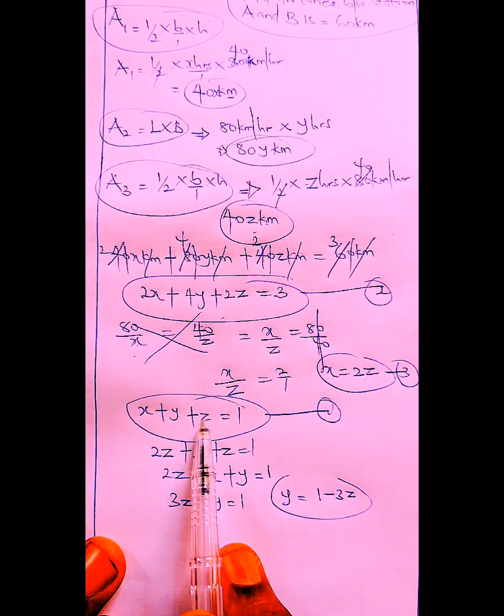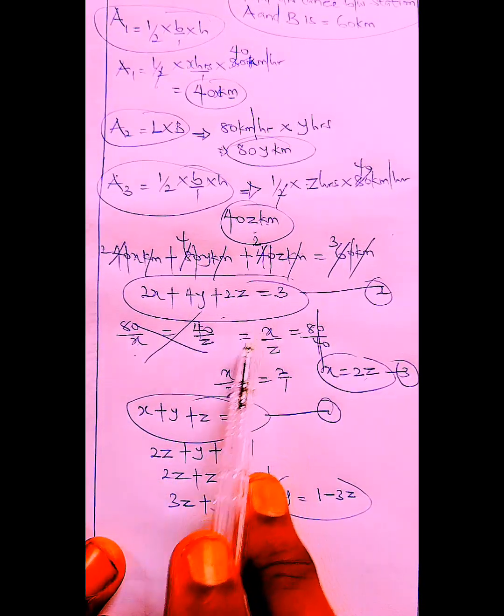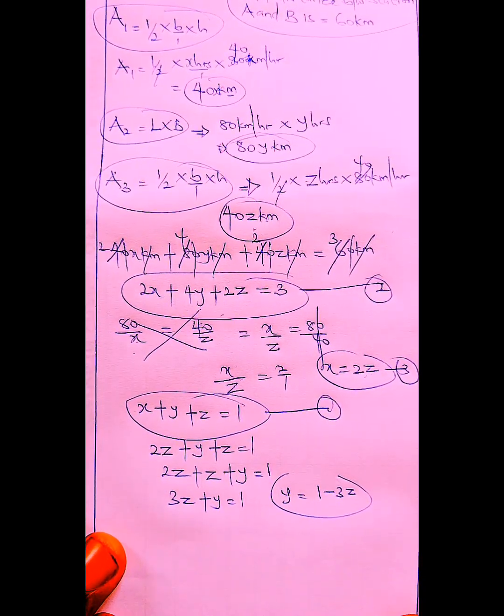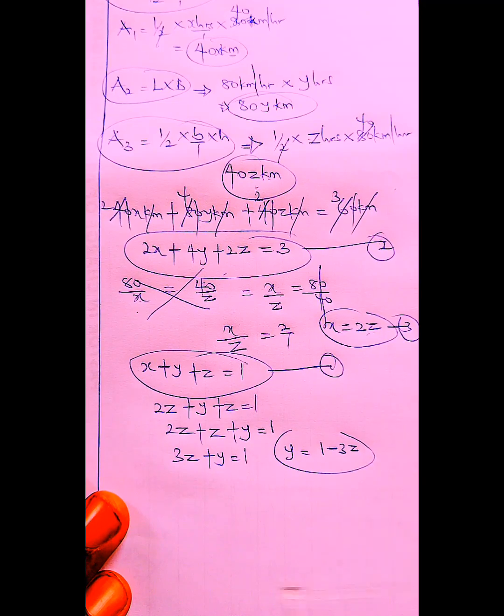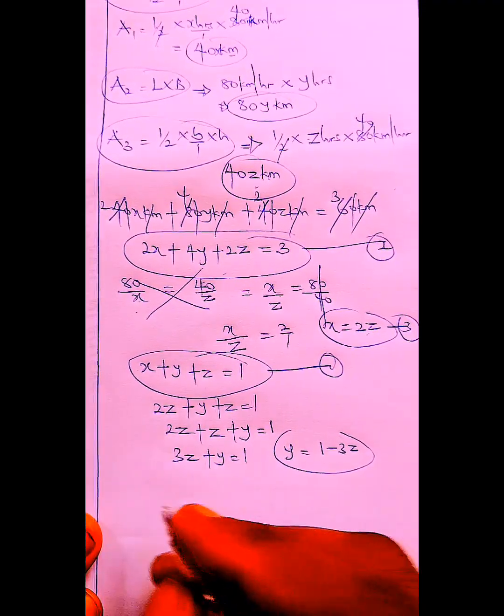Now I fix this into this, so I can come here and fix every one of them into this place to get the value of z. So x is 2z, I beg your pardon.